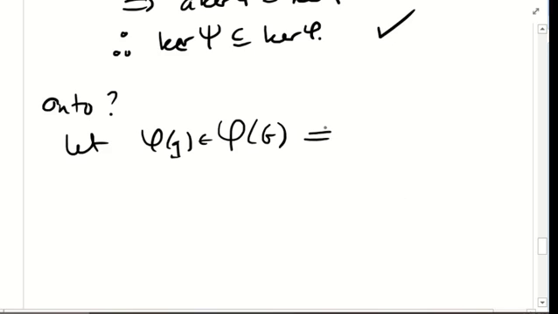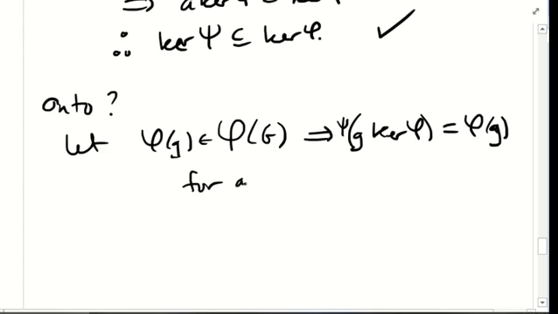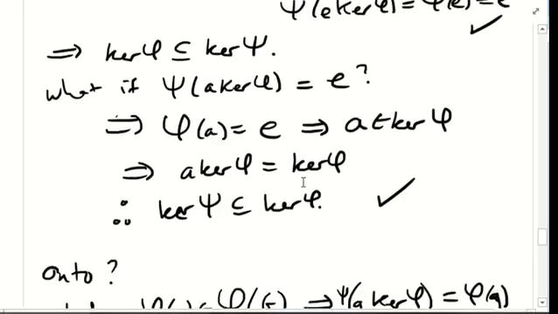Okay. Then g kernel of phi, take psi of that, it maps to that, right? Since little g is for any g in big G. So that's an arbitrary element in the image space. Okay, so that's the first isomorphism theorem.